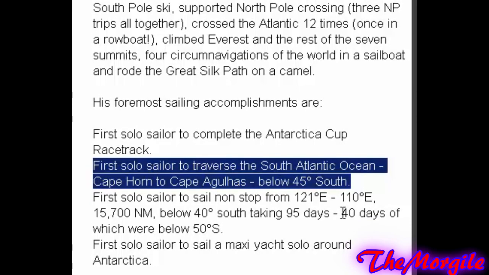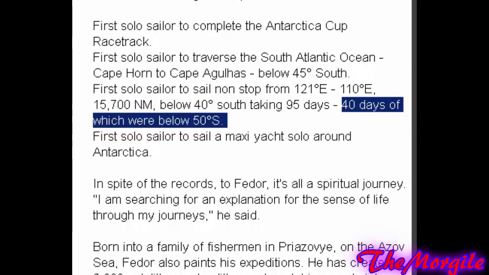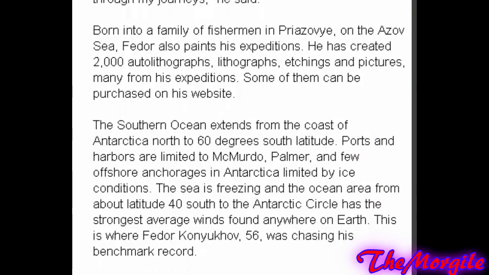And the Antarctica Cup Challenge adheres to the 45 degrees south as much as possible. They only go south whenever necessary so as to avoid the southern continents, but other than that, they remain above the 45 degrees south latitude.